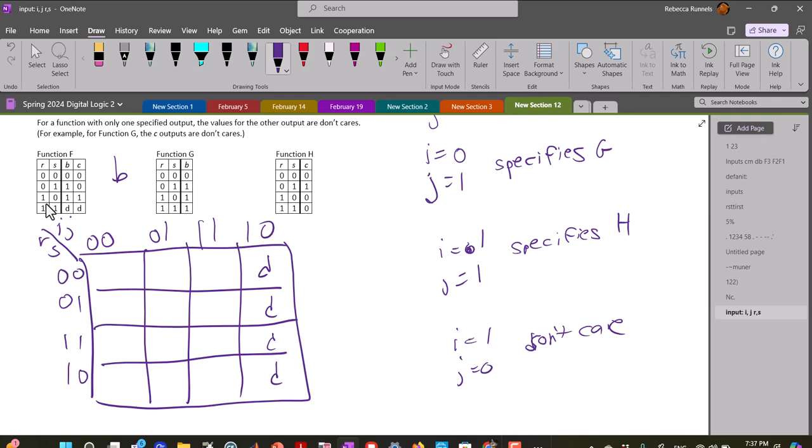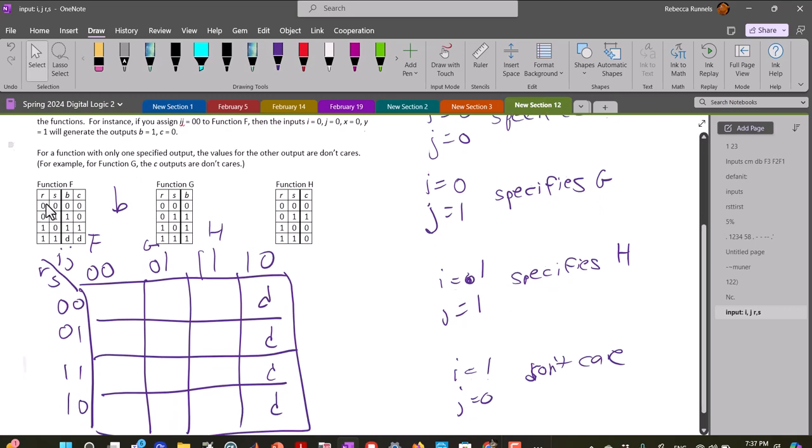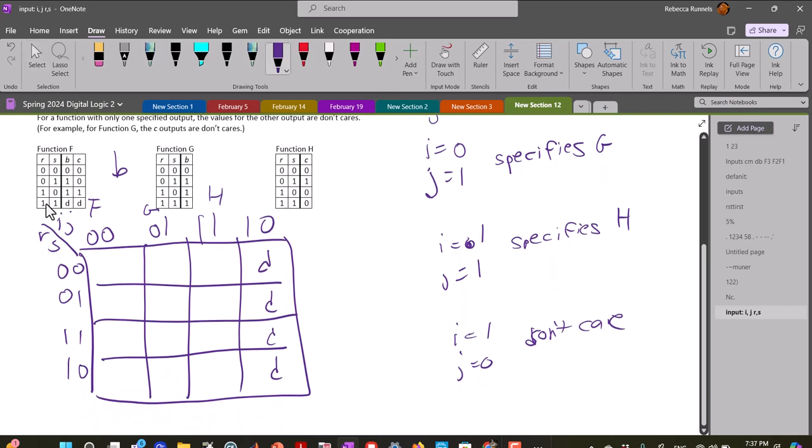And I equals 0 and J equals 0 specified function F. So this corresponds to function F. I equals 0, J equals 1 is G. I equals 1, J equals 1 is H. So my first column is for function F. And if RS is 0, 0, then B is 0.